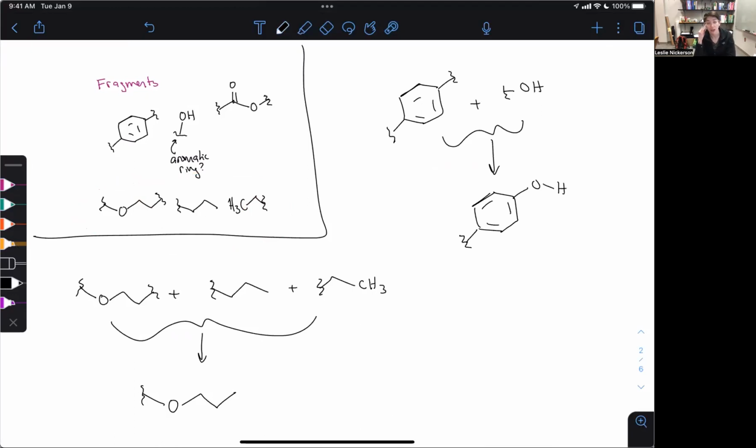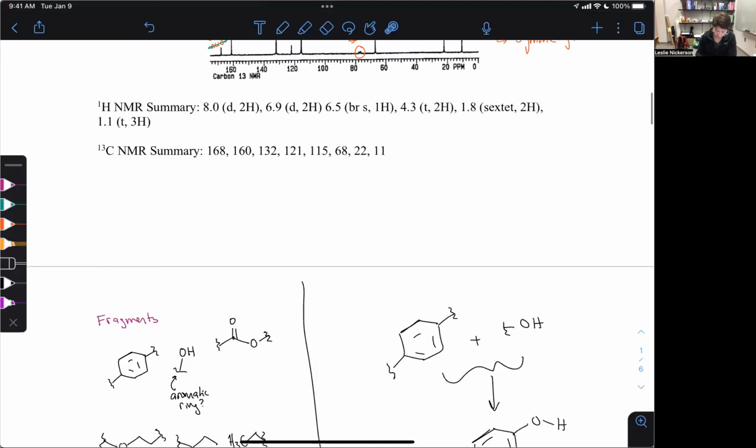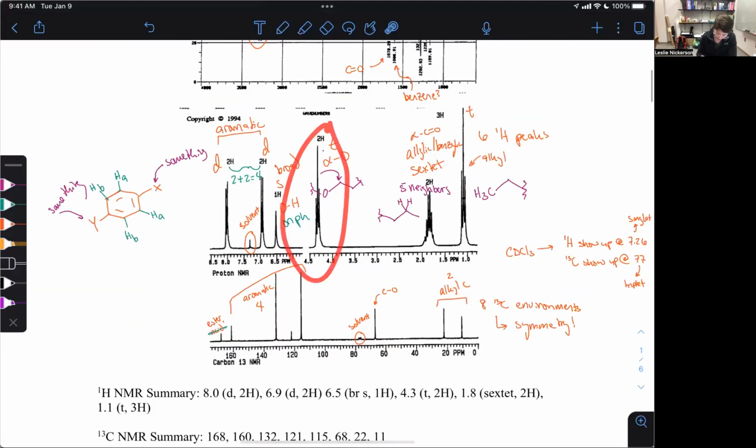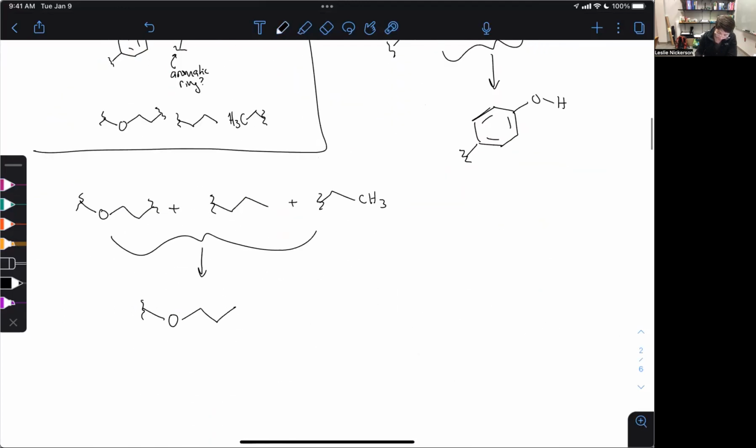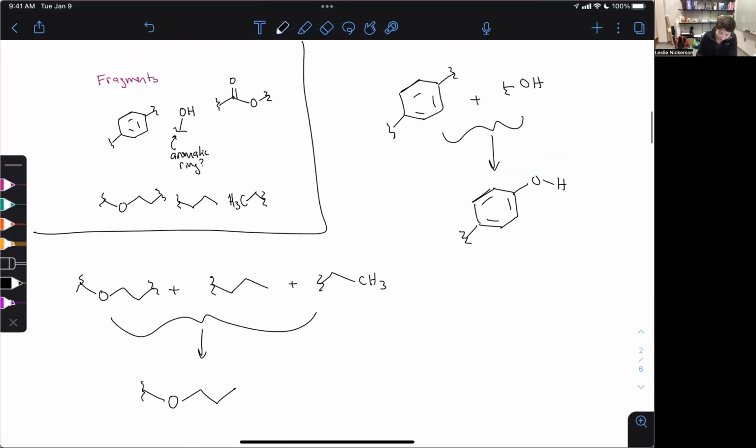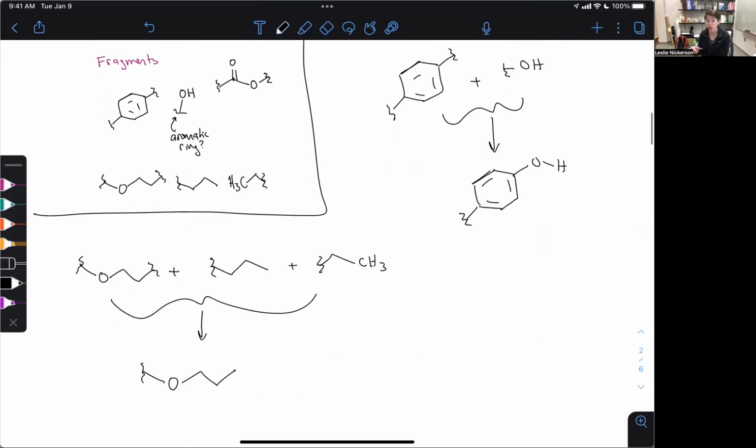Okay, so at this point, if we have a situation where we're looking at this as being our only leftover piece, we've got this kind of combined piece, right? We've identified that that CH2 is here. So at this point, we've got 3 pieces that we need to put together.